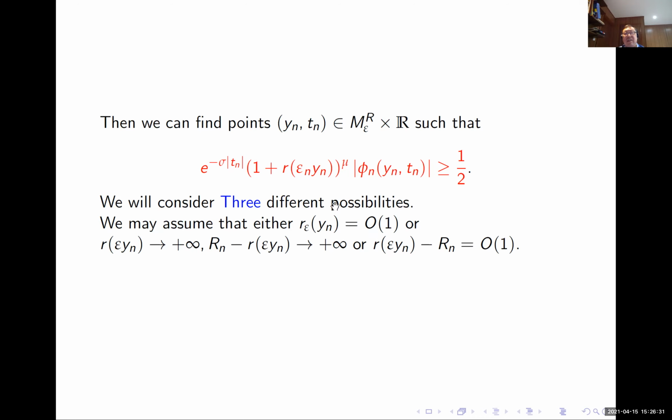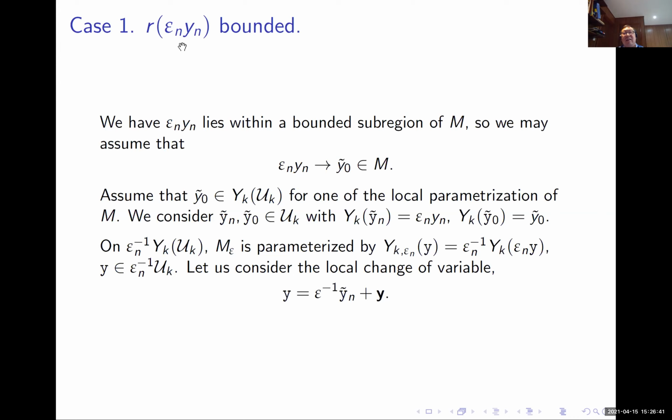So let's look at each case and see what kind of limiting problem we get. Now the simplest problem is this one, where this is bounded. If your blow-up point is bounded, you can just use local coordinates. Suppose the blow-up point goes to some point, then you can just use the local parameterization of the manifold, and then you do this with scaling, a local change of variable.